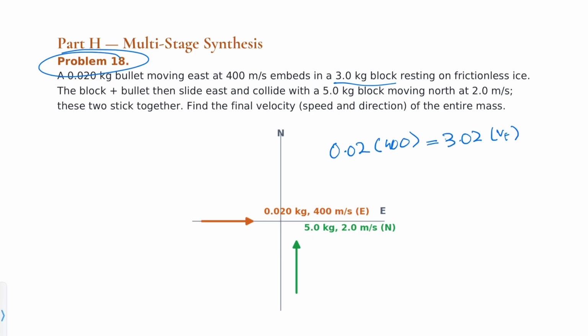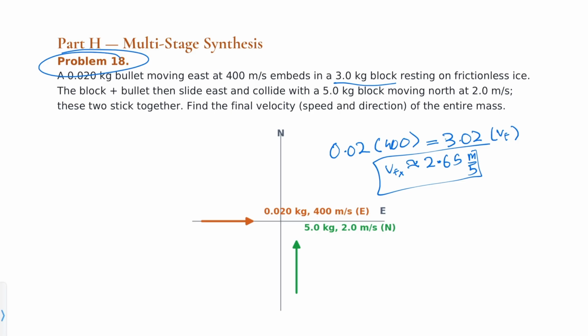Let's find out what the velocity here is. I don't think it's really needed, but I just want to show you what it would look like. 0.02 times 400 divided by 3.02, about 2.65. Velocity final is about 2.65 meters per second. This is in the x direction, off the combined block here.